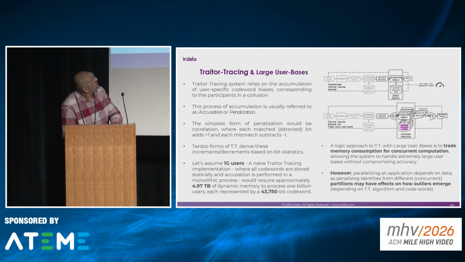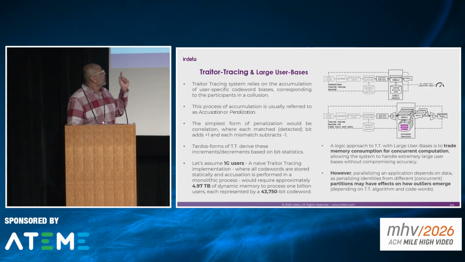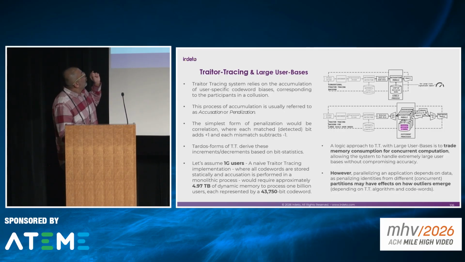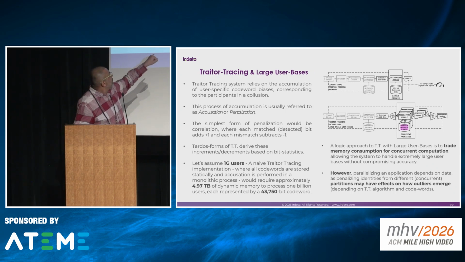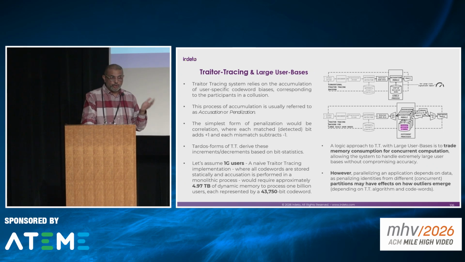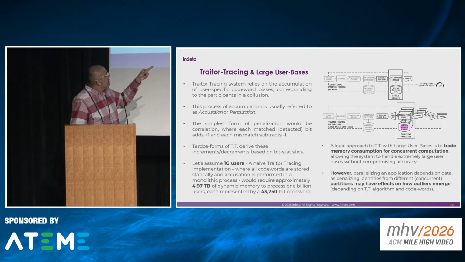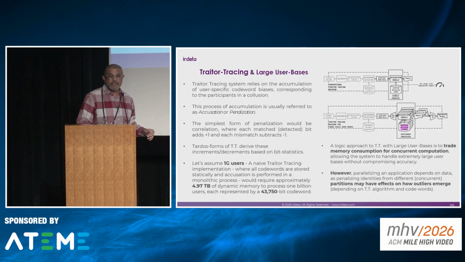As I said, some of the traditional methods, like the Tardos methods, let's take one practical example. If we had 1 billion users, based on our simulation, we found out that you will need around 44,000 bits to be able to find 25 colluders.